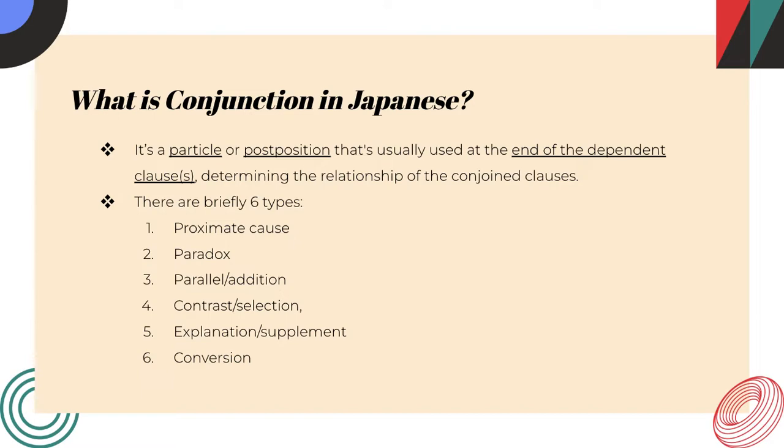Fifth is explanation or supplement. And sixth is convergent. But today we're going to cover proximate cause, paradox, and parallel addition for this class. So let's get into it.